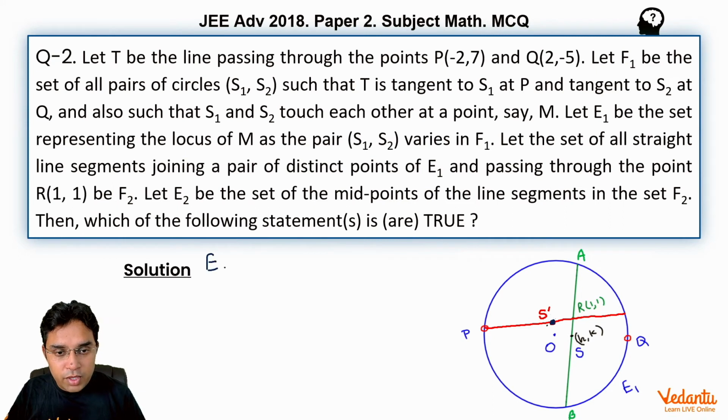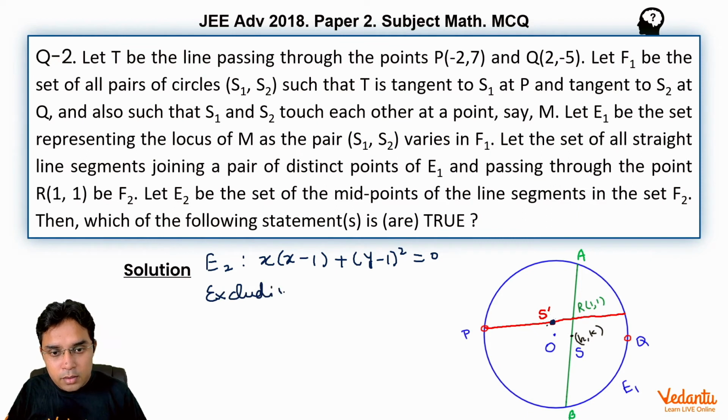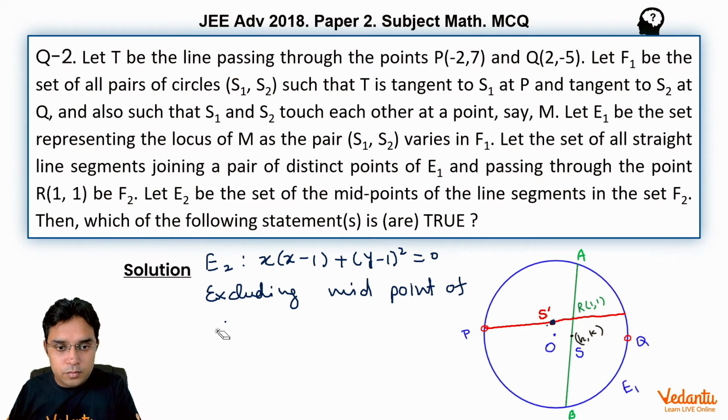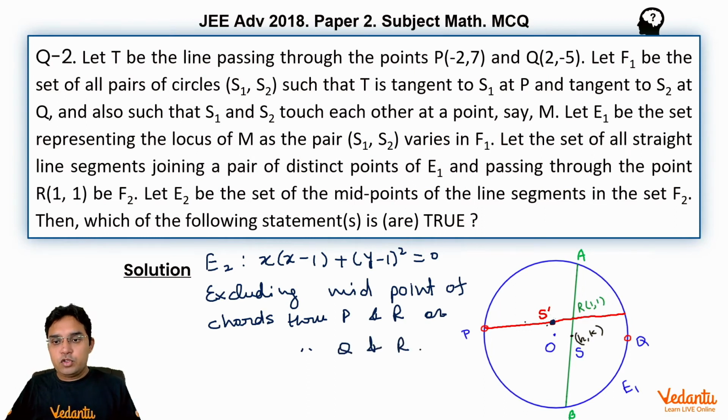So if I write E2, it should be the equation given by 2, which is X into (X minus 1) plus (Y minus 1) whole square is equal to 0, but excluding midpoints of chords through P and R or through Q and R. I'm sure that is clear, because P and Q are not there on E1.